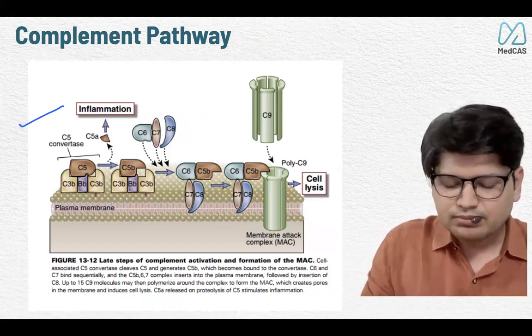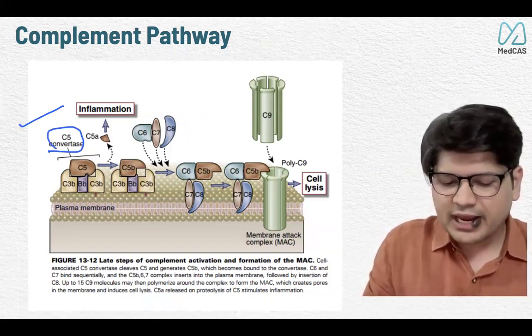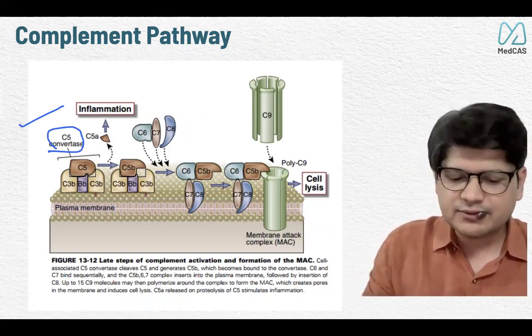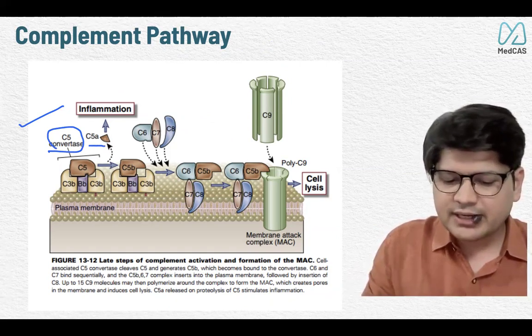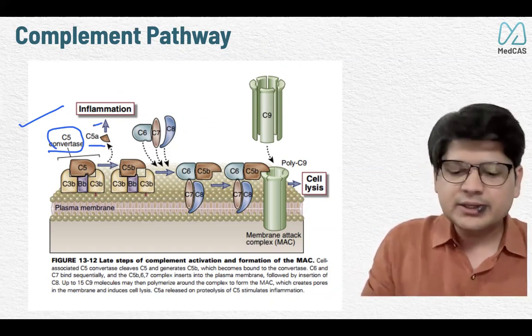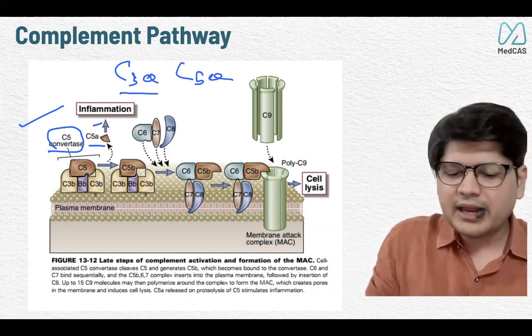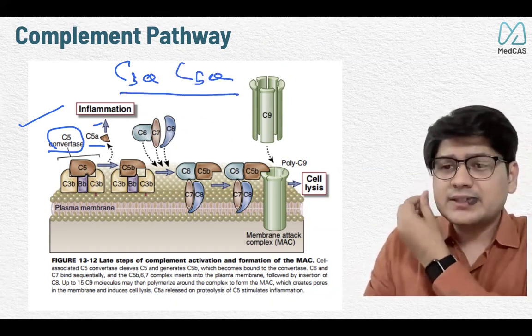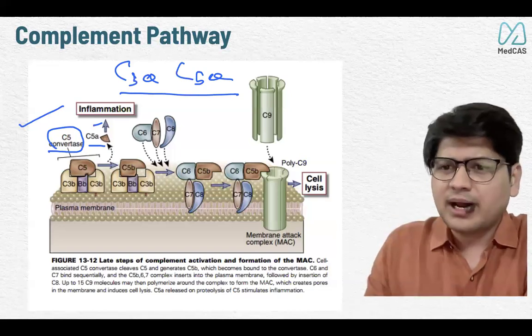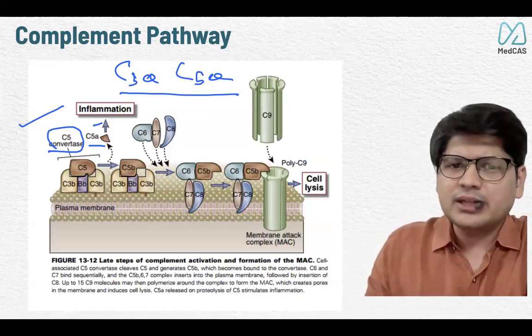Through C5 convertase, which forms after C3 convertase, C5a gets activated. Again, it has a role to play. C3a and C5a have their role in anaphylaxis and inflammation.